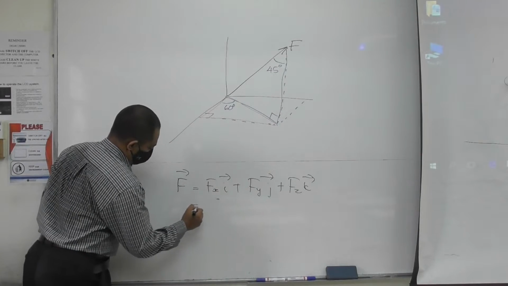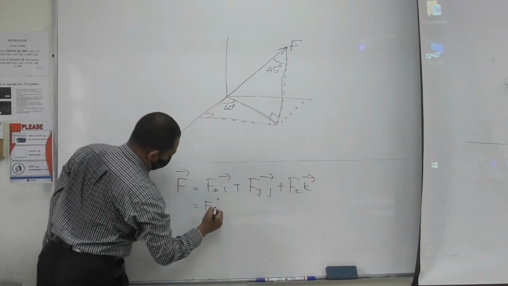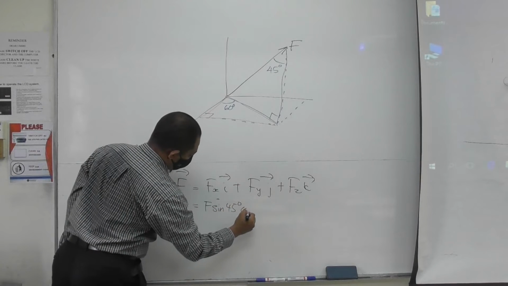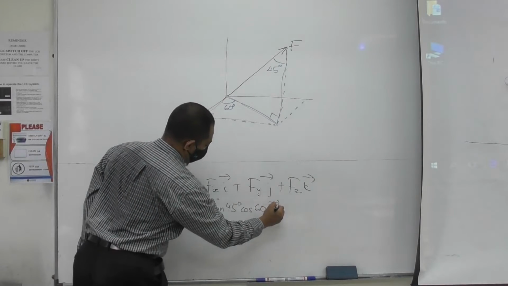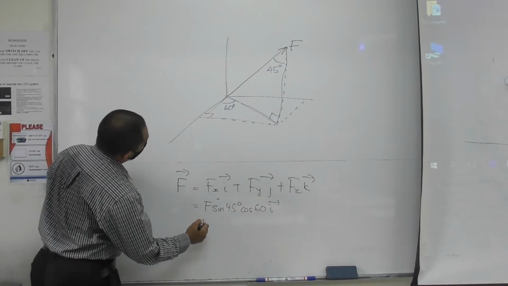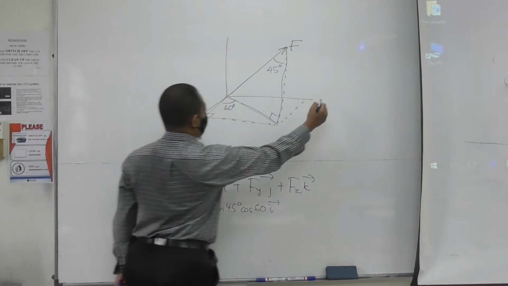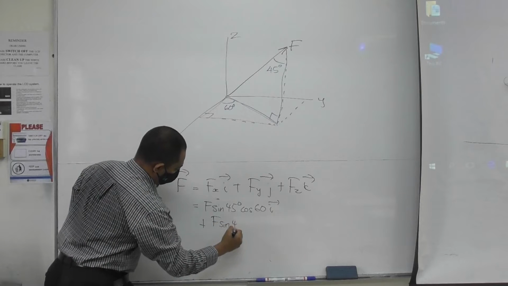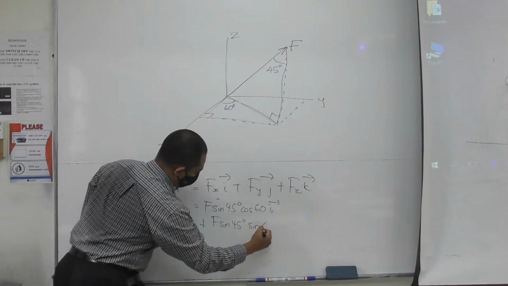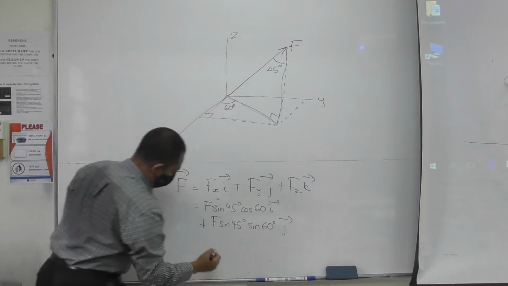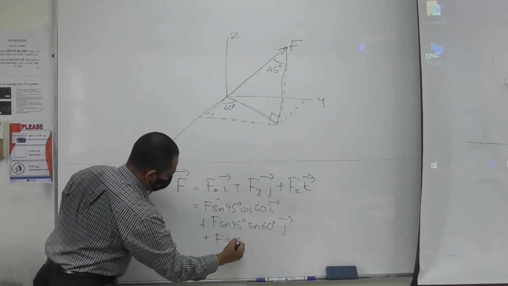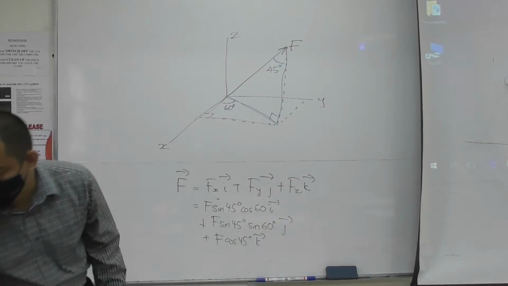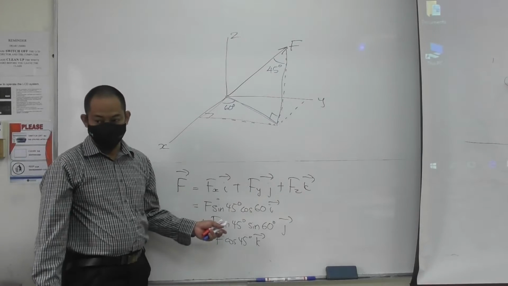I know fx is basically f sine 45 degrees cos 60 degrees i, plus f sine 45 degrees sine 60 degrees j, plus f cos 45 degrees k. Right, so anyone, can you see, right?